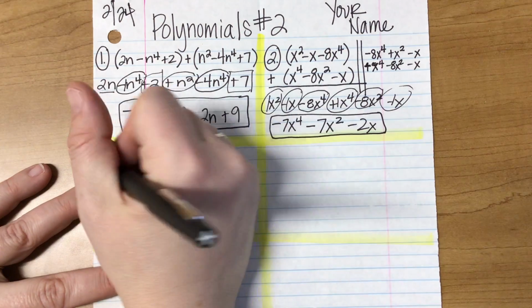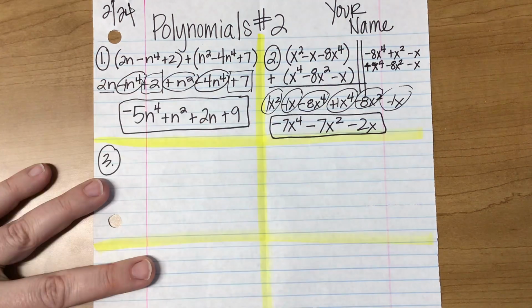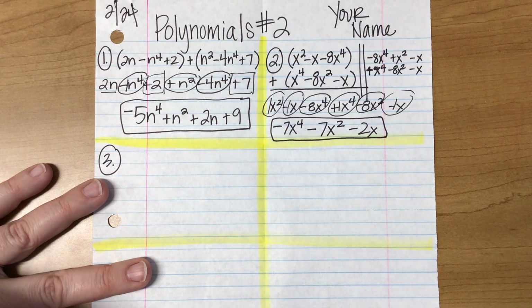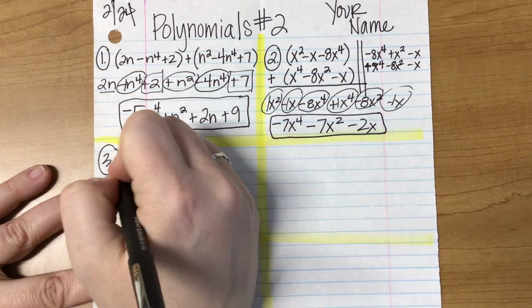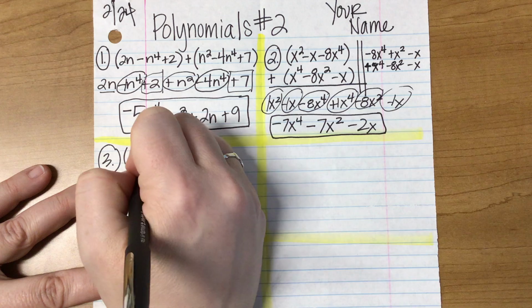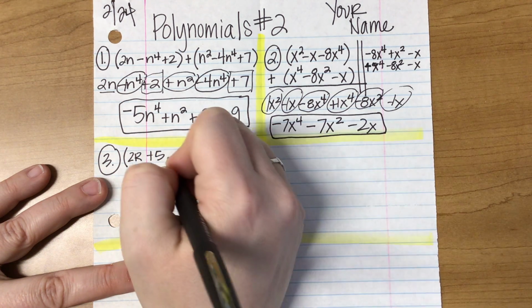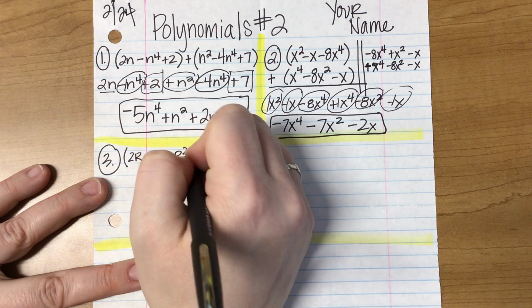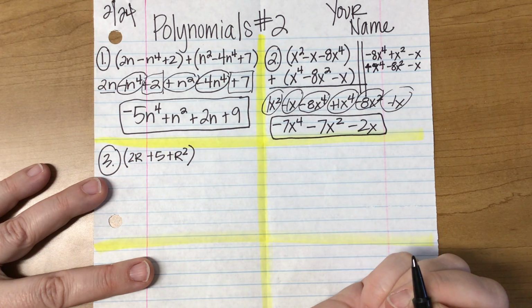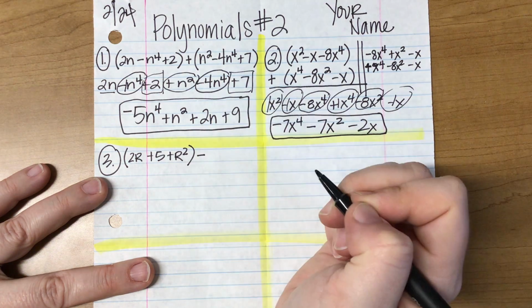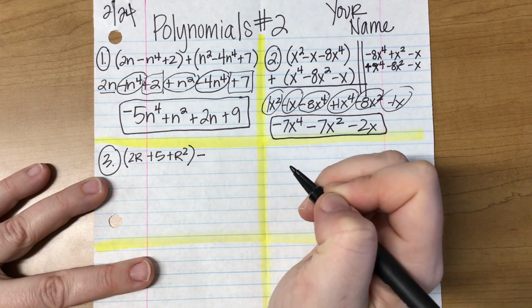All right, so let's go to 3. Let's try subtraction. Subtraction is a little bit different. There's a twist. I have 2r plus 5 plus r squared. Trinomial. Minus another trinomial.